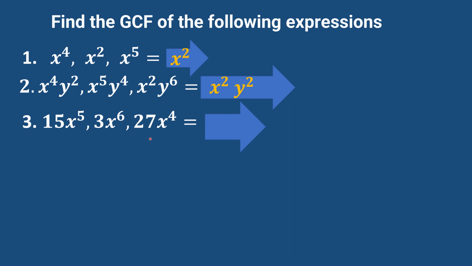Remember, when we say greatest common factor, it's the common number. It's a number that is common to the three, and it should be the greatest. So far, among 15, 3, and 27, its greatest common factor is 3 because 15 can be divided by 3, and 3 can be divided by itself, while 27 can also be divided by 3.